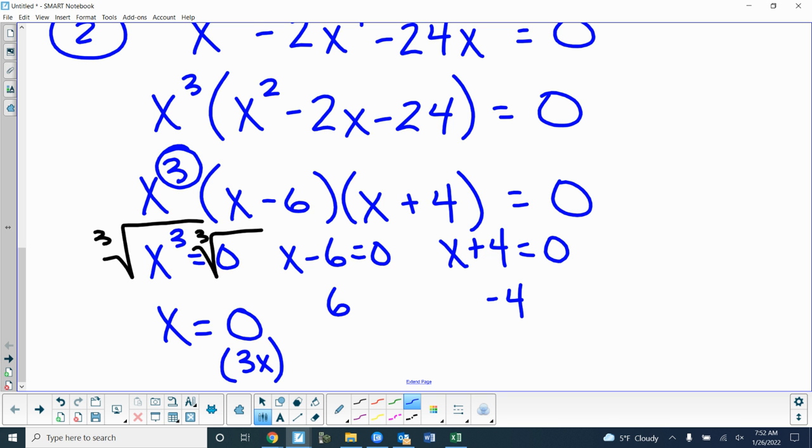If we looked at the graph of this, what happens at 0, 0? Does it cross, bounce, or bend? It bends, yeah. As it crosses. The odd ones always cross, but if it works 3 times, or 5 times, or 7 times, it's going to bend as it crosses. If it works 1 time, when it crosses, it just goes straight through.